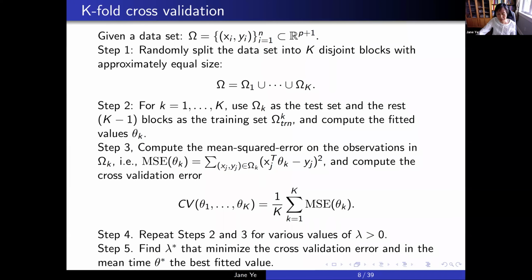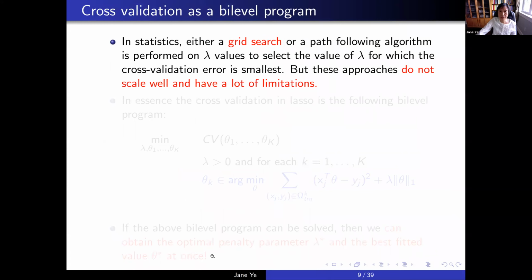But there are infinitely many lambda, and for each lambda you solve a problem to get the fitted value theta. There are infinitely many of them. How do you choose these values? In statistics, either a grid search or a path following algorithm is performed on lambda to select its value, so that the cross validation error is almost smallest.